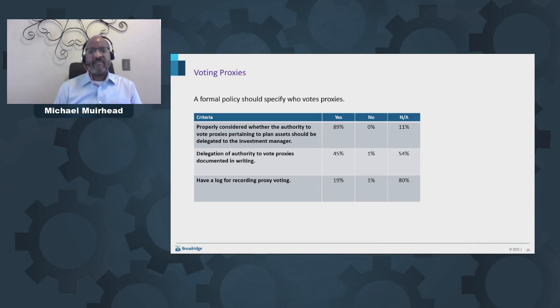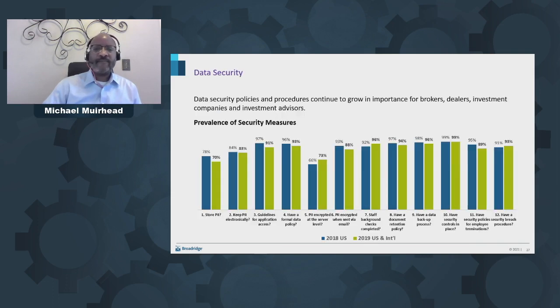And then those advisors and clients that actually have a log for recording proxy voting is right around 19%. So we need to continue to see additional work as it relates to proxy structures and fiduciary documentation there.